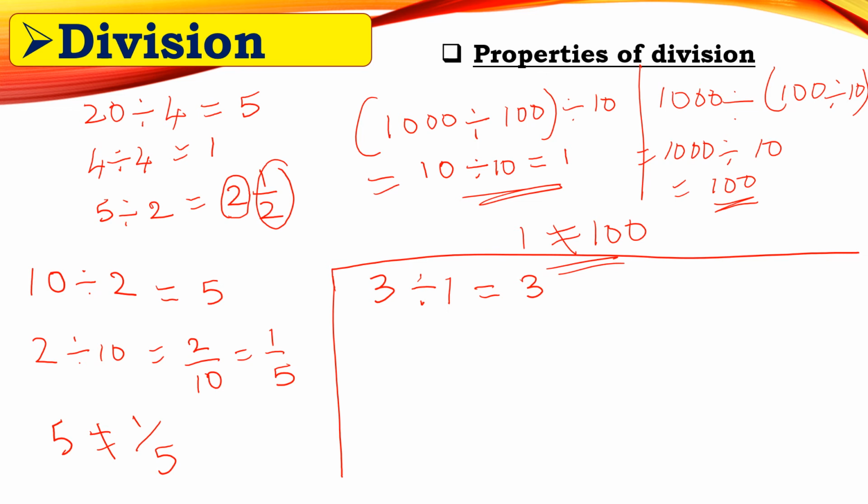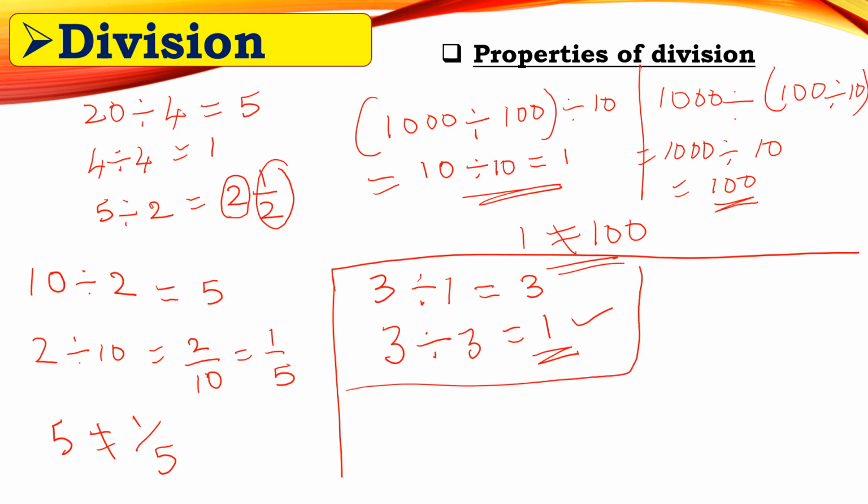Therefore, 1 is the identity number in division. If any number is divided by itself, suppose I divide 3 by 3, what do I get? The quotient is always 1. For example, 3 divided by 3 is equal to 1.